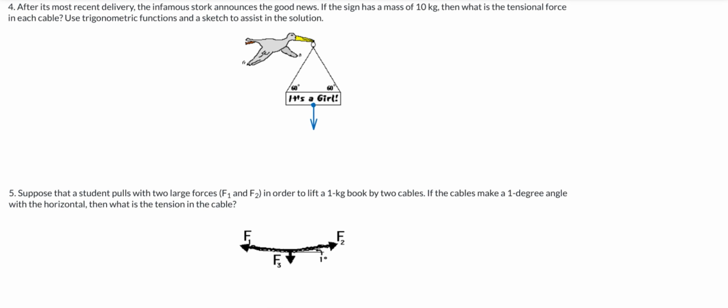So again, we draw a bit of a free body diagram just to isolate the center of mass times gravity. So in this case, the sign has a weight of 98.1 newtons force. So that's based on force weight is equal to mass times gravity.